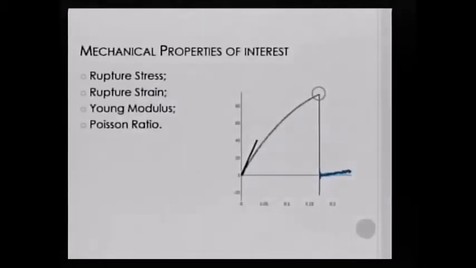So what are the mechanical properties we want to evaluate on different systems? Basically, we want to evaluate the properties of rupture, so rupture stress and rupture strain. Here we can see a typical stress-strain curve of a carbon nanotube, which we saw in the animation before.